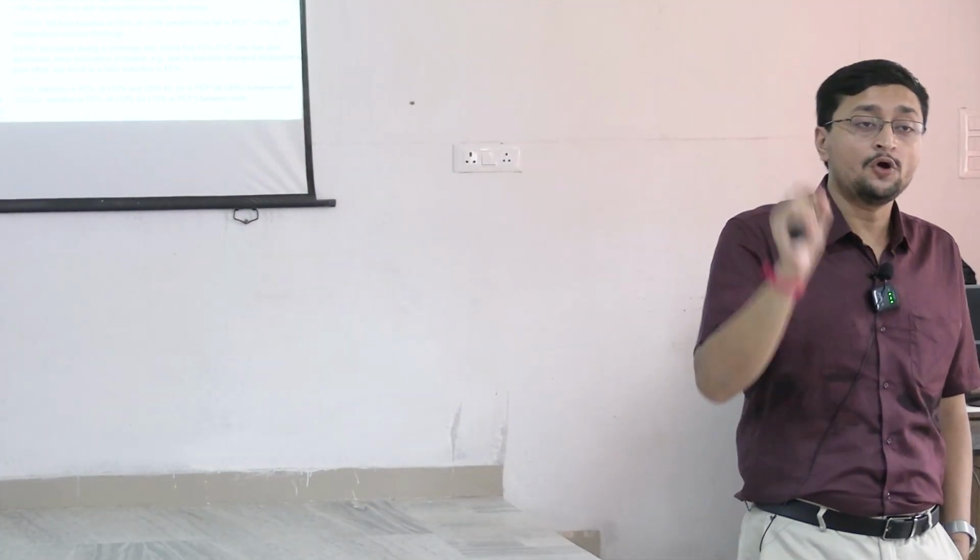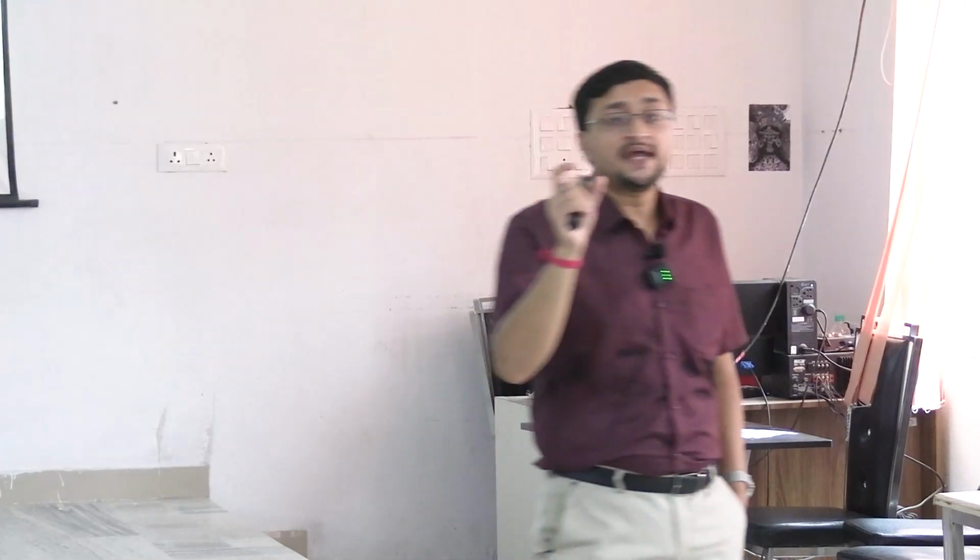FEV1, this is called bronchodilator reversibility. So first you will measure FEV1, and after giving a short acting bronchodilator, that means levosalbutamol, after 10 to 15 minutes of giving levosalbutamol, you will again measure the FEV1.